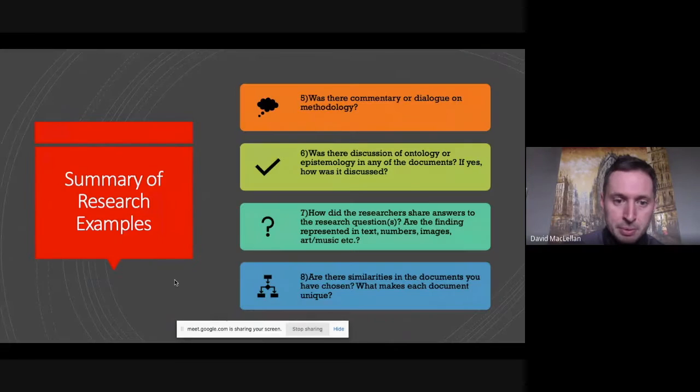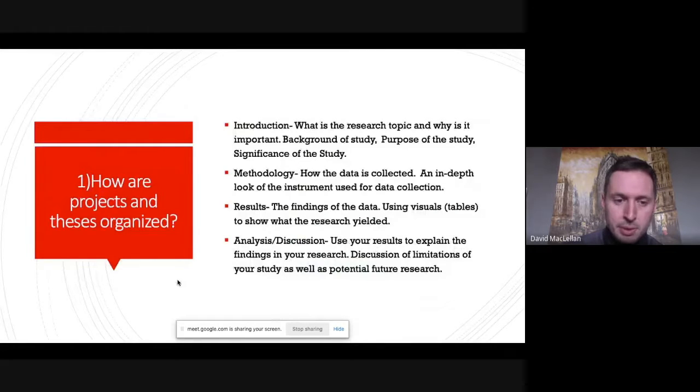So these are just some of the questions that you gave. Let's start with how both are organized. Both follow a similar organization, with an introduction where you look at the research topic and why this is worth being researched, and some of the past research.